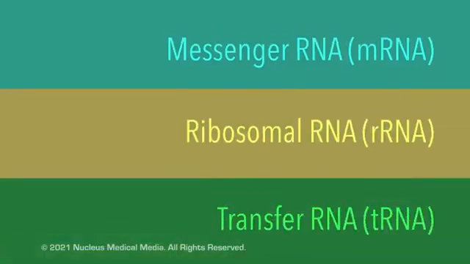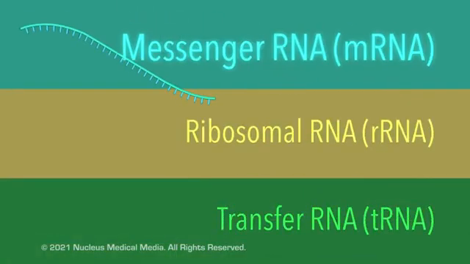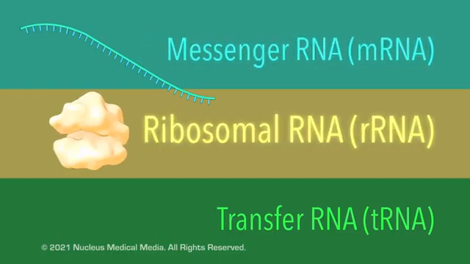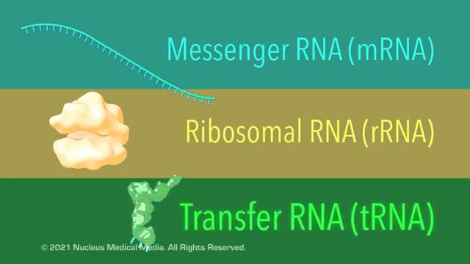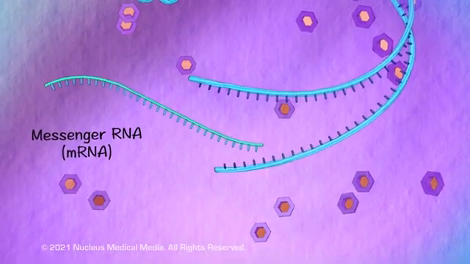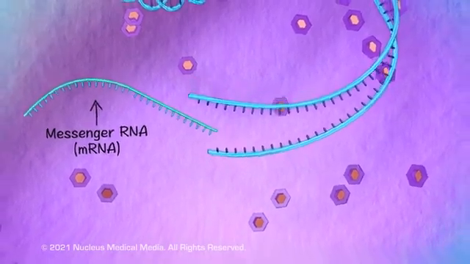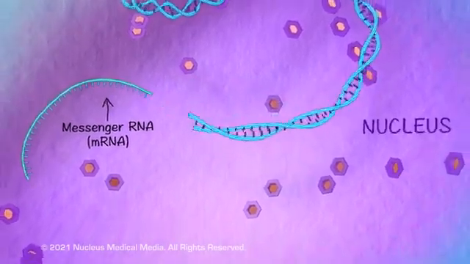There are 3 types of RNA: messenger RNA, referred to as mRNA, ribosomal RNA, referred to as rRNA, and transfer RNA, referred to as tRNA. Messenger RNA starts off in a cell's nucleus.